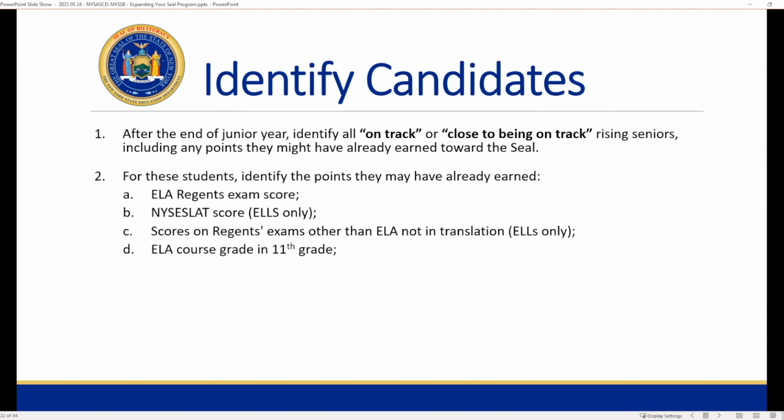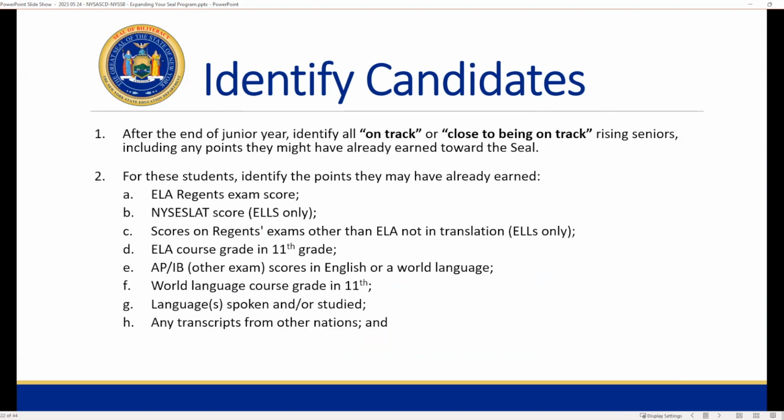Now you do this by essentially asking for this data either from your district data coordinator or an administrator or a counselor at your school. These are the criteria to earn the Seal. And so if you can find out for those rising seniors what they got on their ELA exam, which students generally take either sophomore or junior year, they may already have a point towards the Seal.